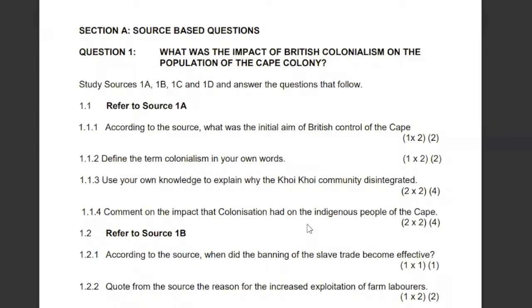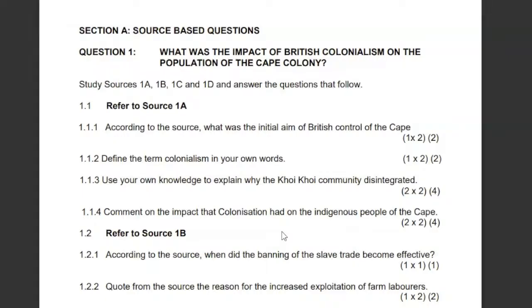So we're going to look at this question, which says, what was the impact of British colonialism on the population of the Cape Colony? We want to look at how the British impacted the population of the Cape Colony. We have our sources from source 1A to source 1D.